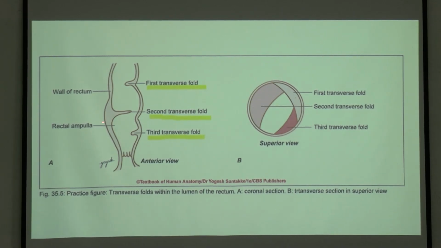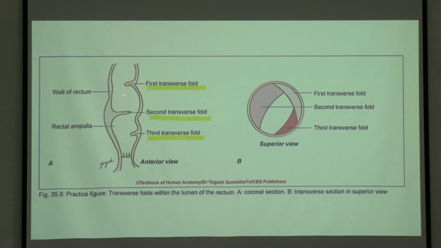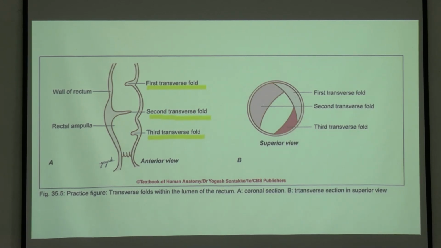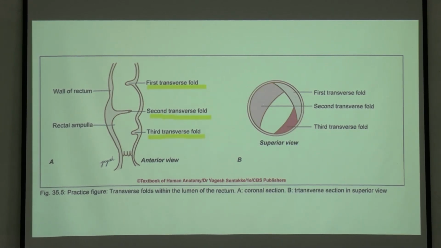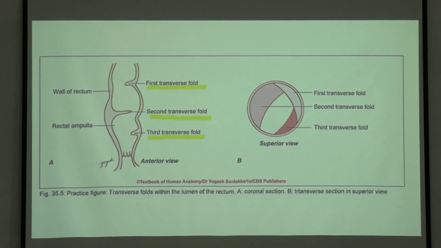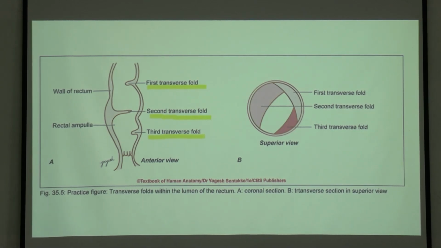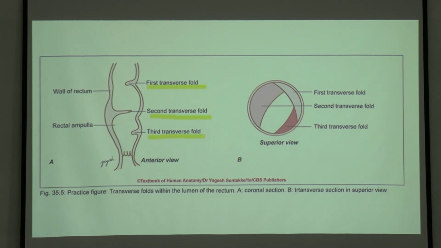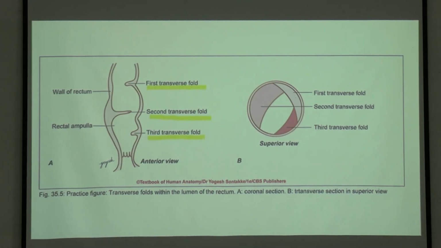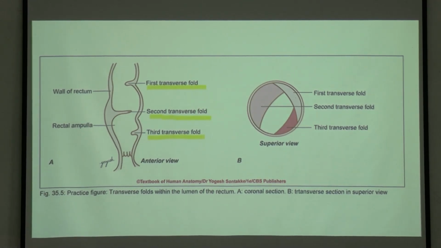And this second one, sometimes the fold forms a sphincter, continuously present all around the walls, and it acts as a sphincter which is called the Nélaton sphincter. Okay, Nélaton sphincter.